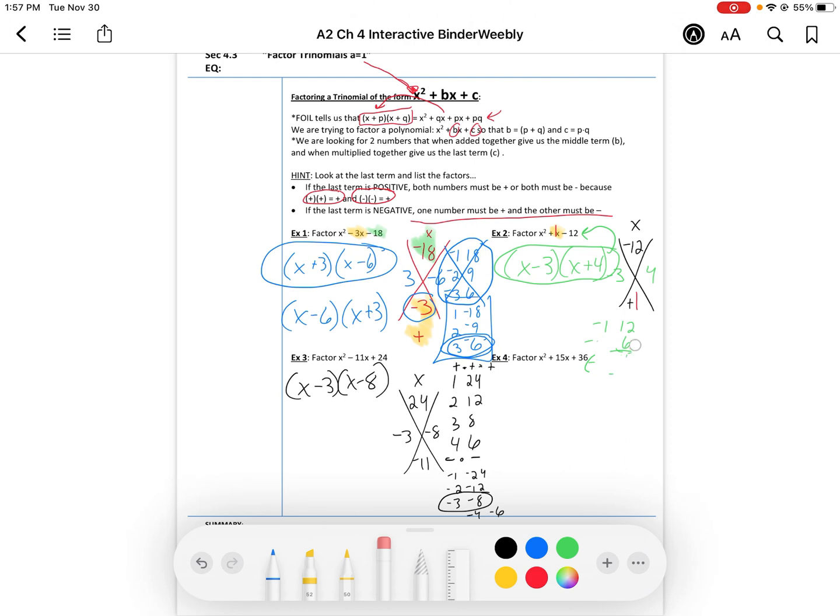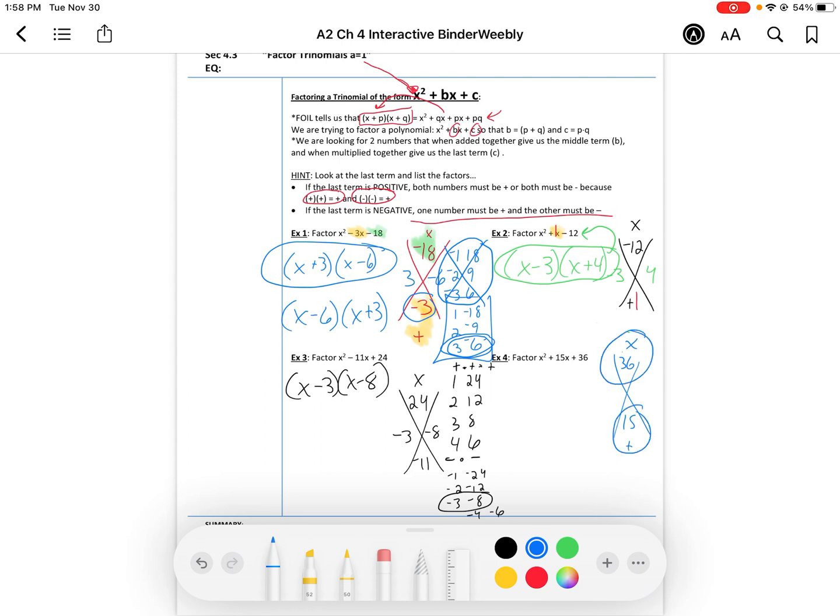Last but not least, example number 4. Looking for ways to multiply to 36 and add to 15. So both numbers are going to have to be either both positive or both negative. The signs have to match since I'm multiplying to a positive.